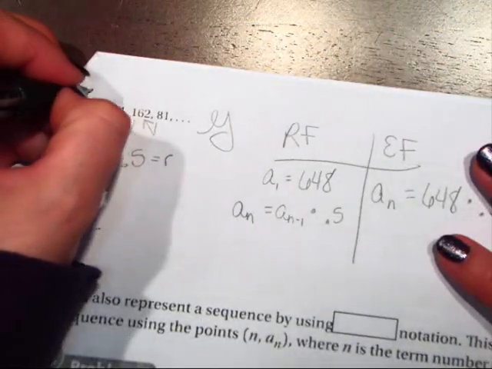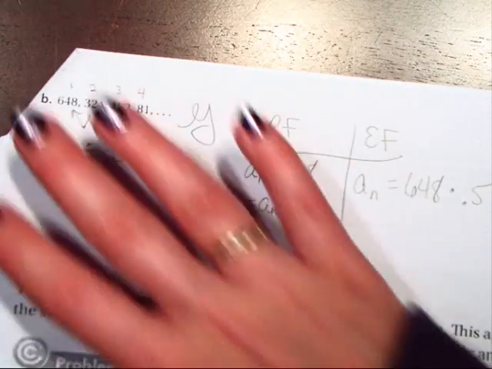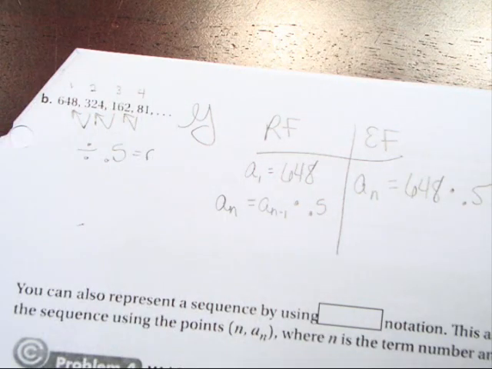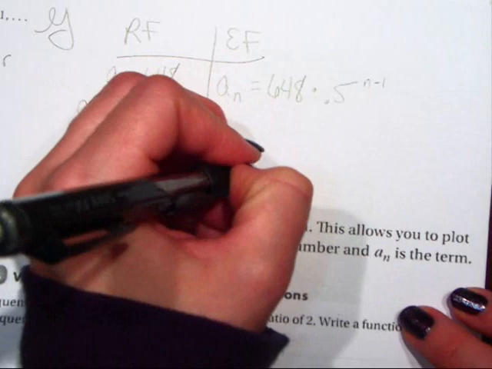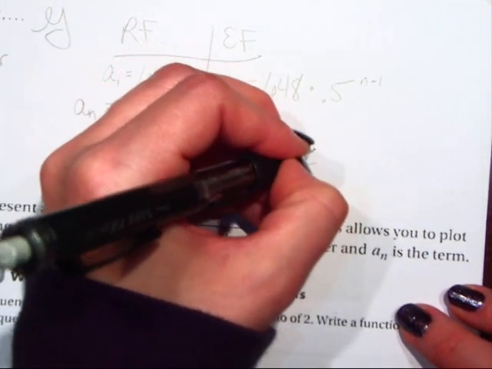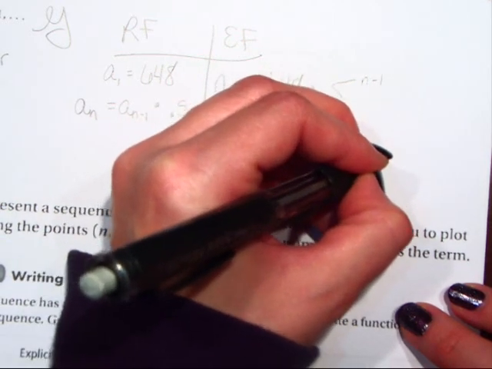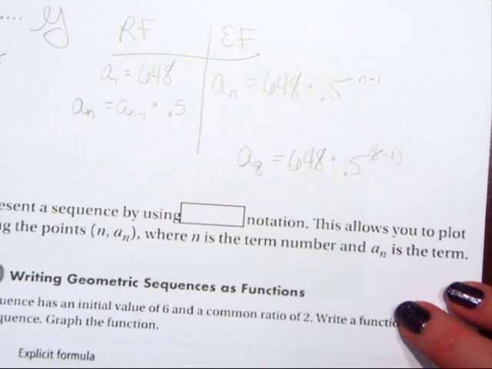So this is 1, 2, 3, 4 spots big. We could continue this out if we wanted to, all the way to the 8th spot. Or we can just plug 8 into our explicit formula. And you know 8 minus 1 is 7, right?